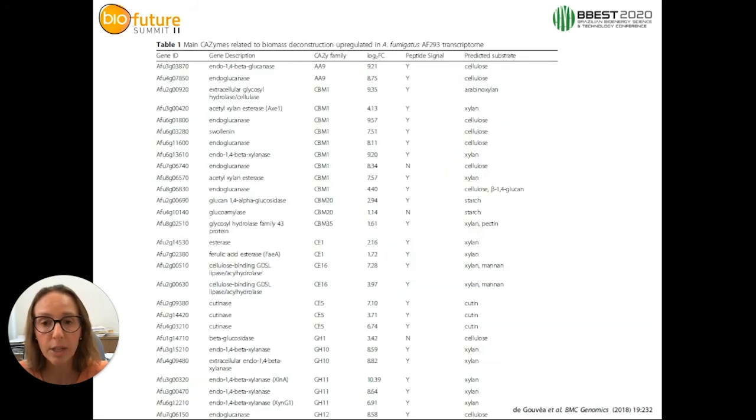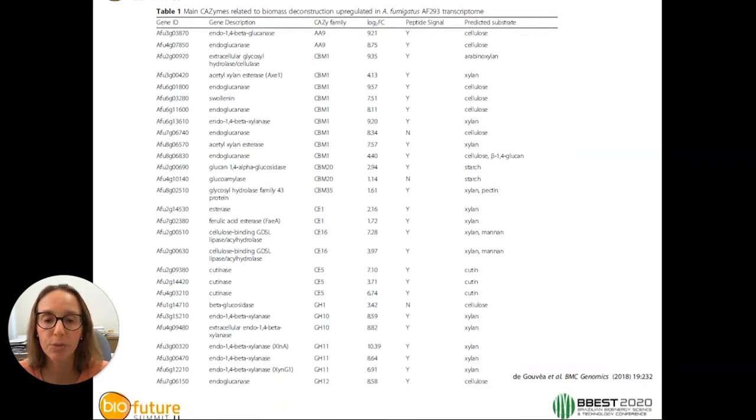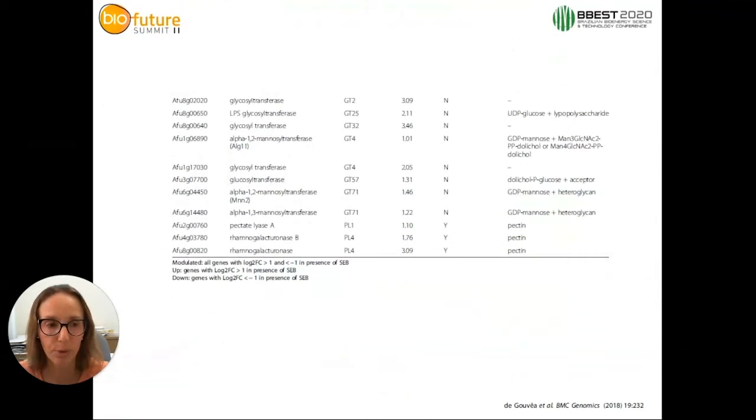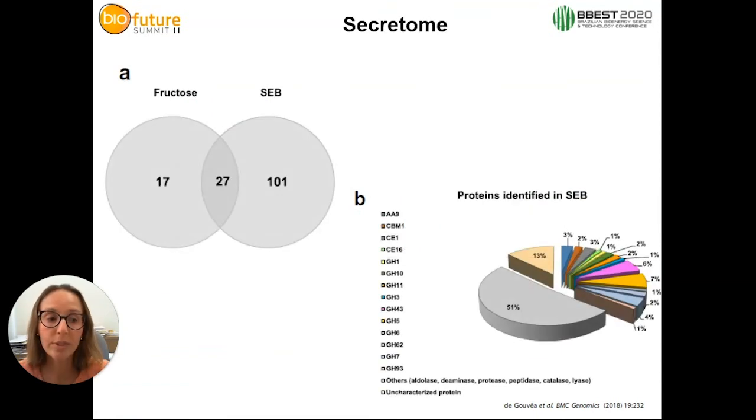As you can see in this table, some of these enzymes were characterized and were upregulated or downregulated. AN9 was upregulated in this situation and was described for the first time in the Aspergillus fumigatus transcriptome. Once the transcriptome was characterized, we analyzed the secreted proteins by SDS-PAGE and MS/MS.